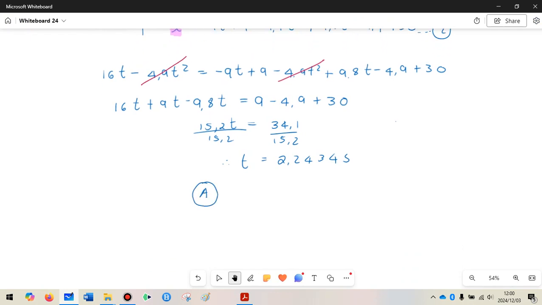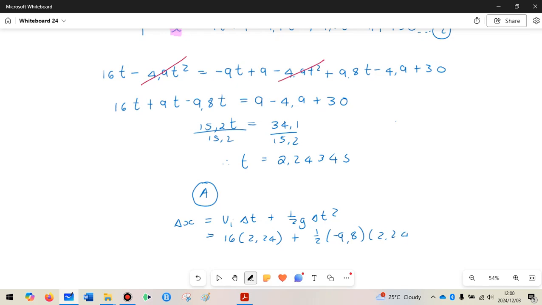So let's go sub into ball A. We have the initial velocity, we now have the time, 2.24. I'm going to keep this as 2.2434 in my calculator.